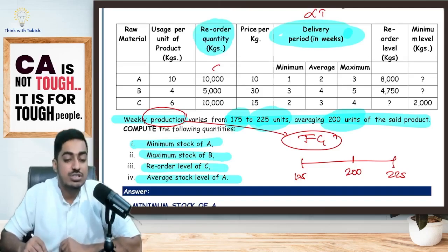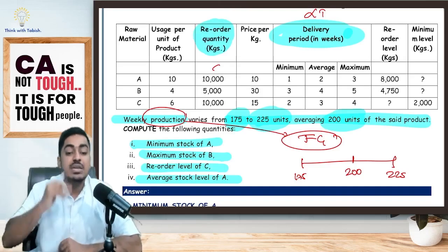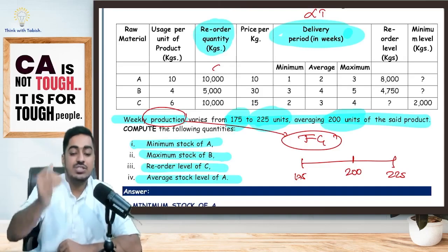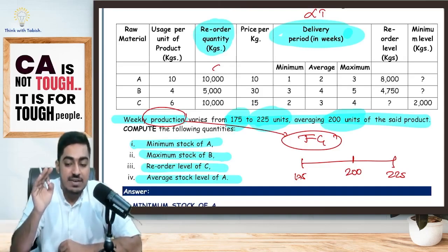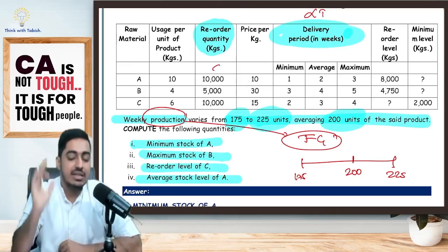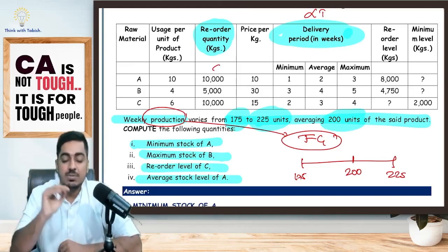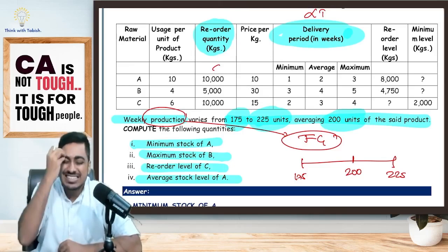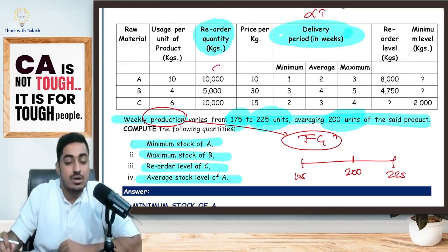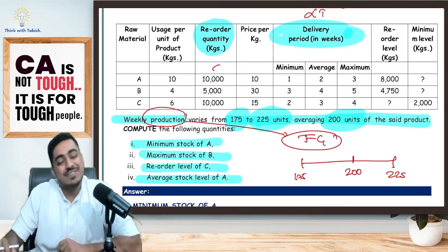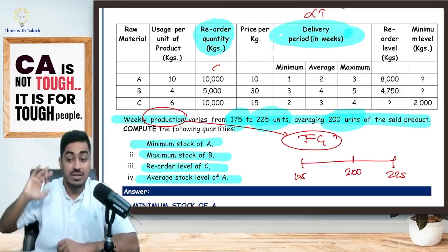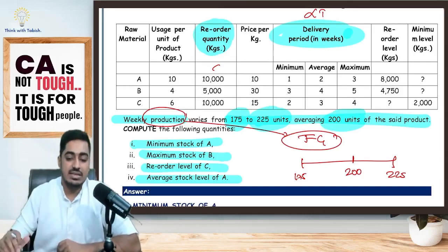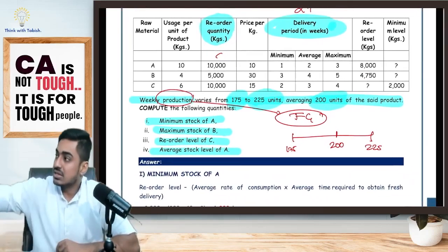I want information on usage rate: minimum usage rate, average usage rate, maximum usage rate. Whether that data is directly given in the question? No, it is not directly given. Sir, can we calculate? Everything we can calculate. So we are going to calculate that.